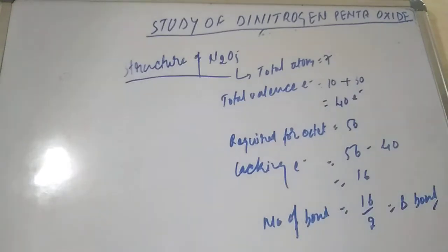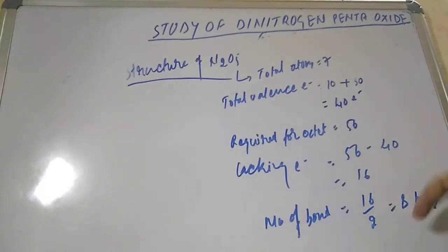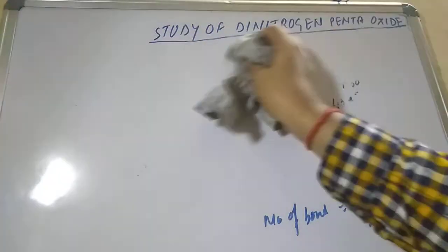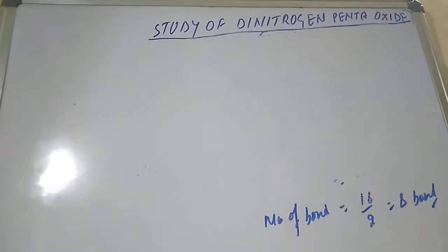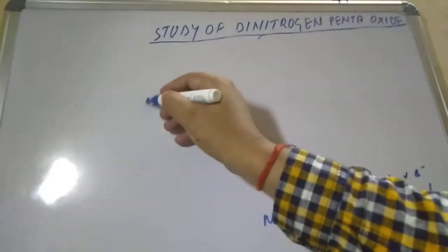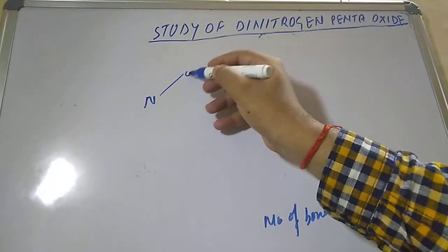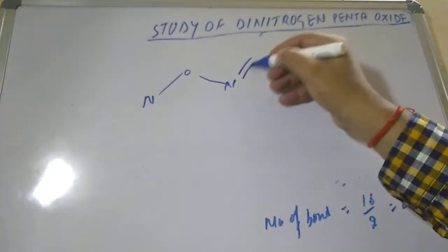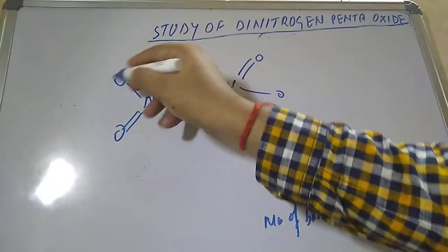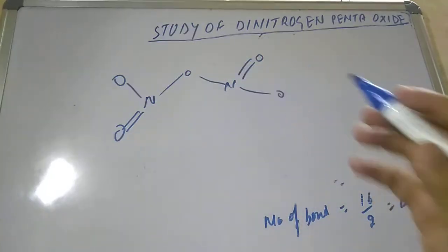Now with the help of 40 valence electrons and 8 bonds, we are going to draw the diagram. Keep in mind the total valence electrons is 40. Nitrogen is less electronegative compared to oxygen, so we put nitrogen in the center. Here is oxygen, this side oxygen, and this side oxygen. Now count the number of bonds: 8 bonds we put.